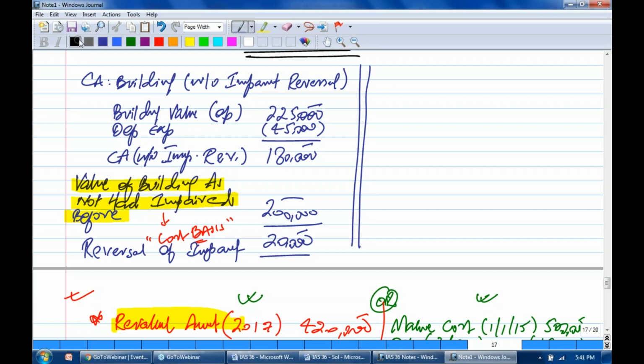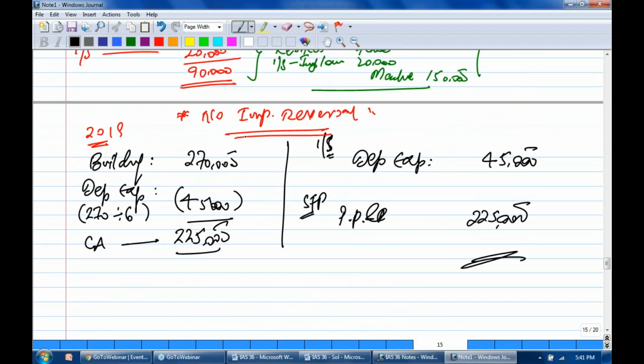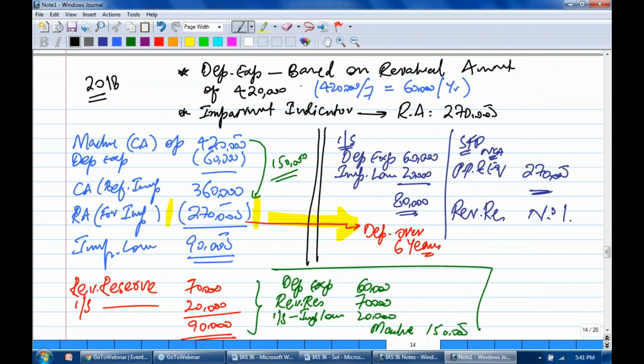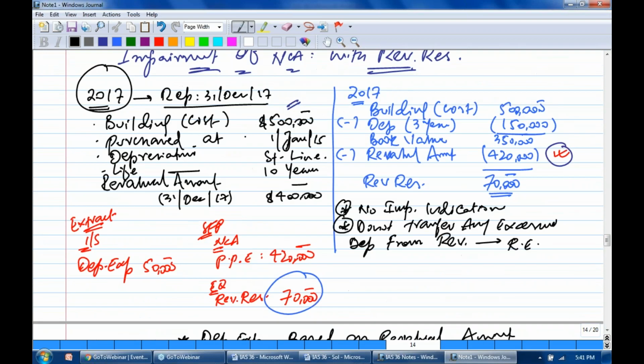The transaction is that the building value will be increased, and the credit should not go to the income statement to the extent that the revaluation reserve was used. The revaluation reserve was used till the value of 70,000.